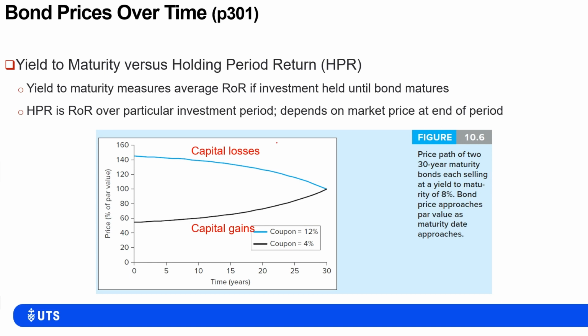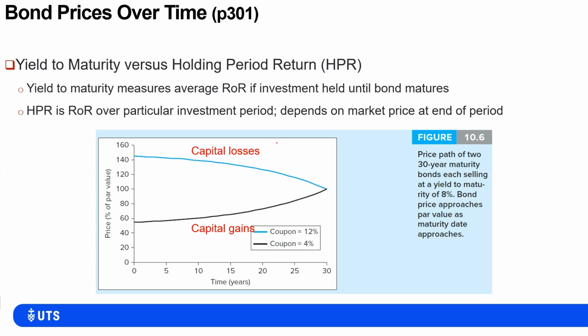But as time goes by and the bonds approach maturity, these bonds will fall in value because now there are fewer coupon payments left.